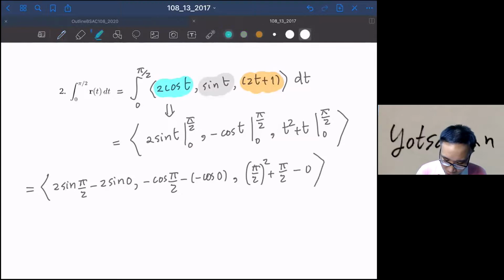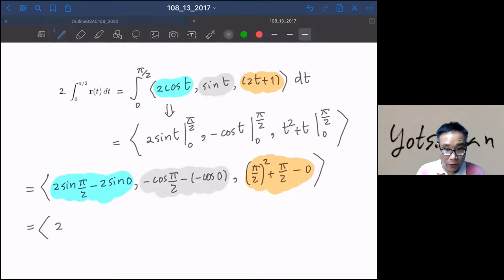So this one is the blue one, the gray one, and the orange one. It's going to be 2 for the first, and the second will be 1. So this becomes 0, this becomes 1, this becomes 1, this becomes 0.